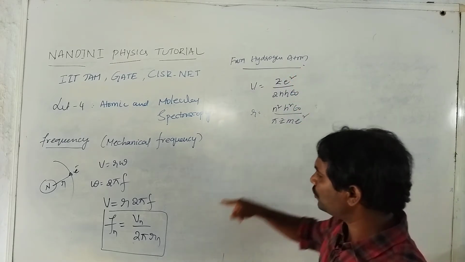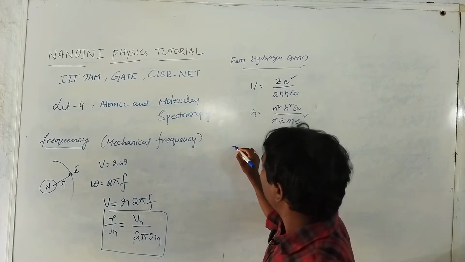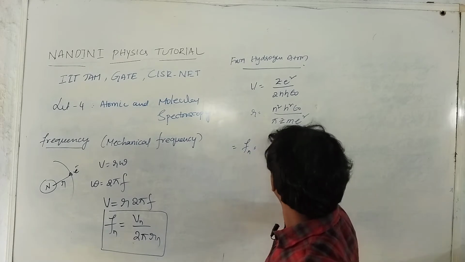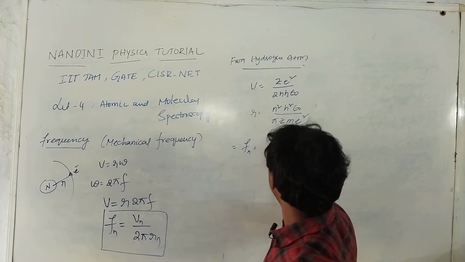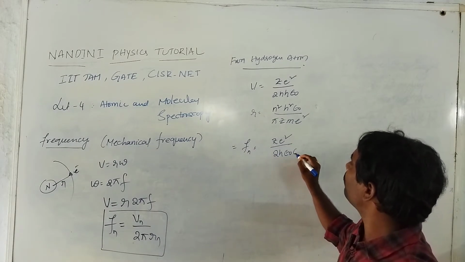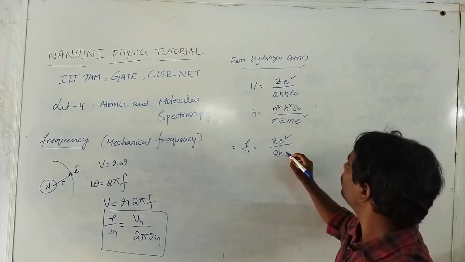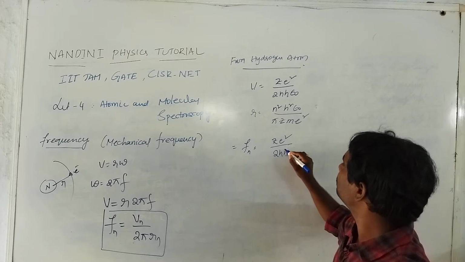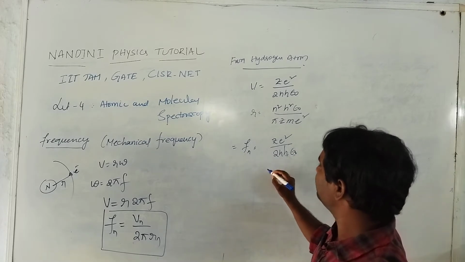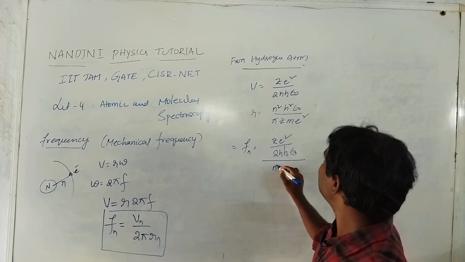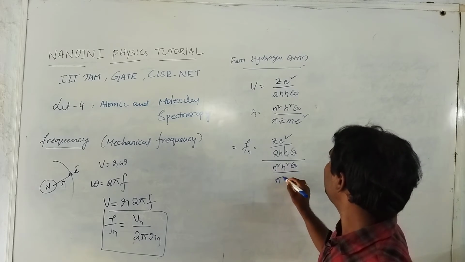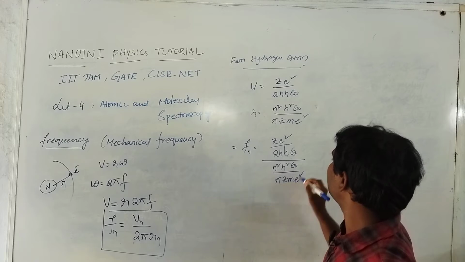So right now I substitute in this equation. We will get frequency Fn is equal to the V value, Z e square divided by 2 n h epsilon naught, divided by the radius, n square h square epsilon naught divided by pi Z m e square.